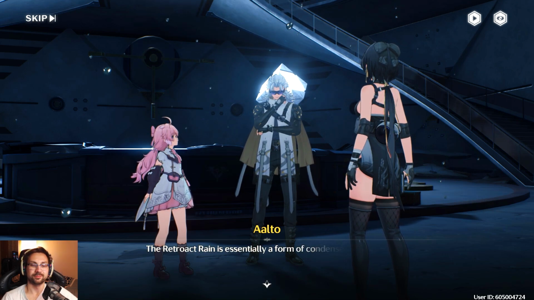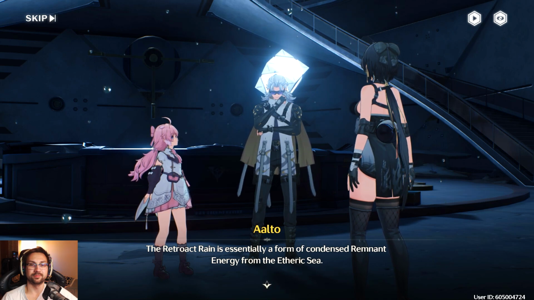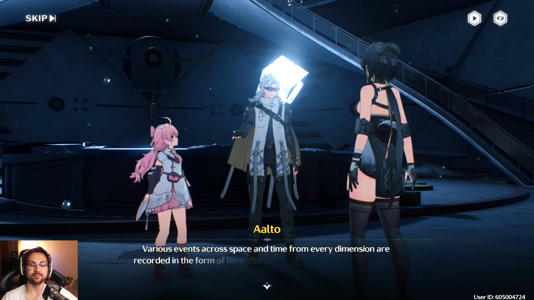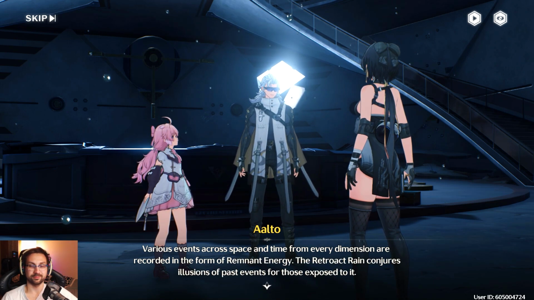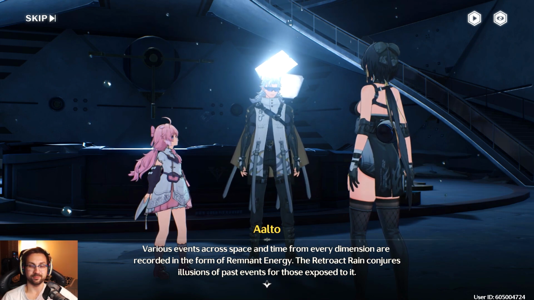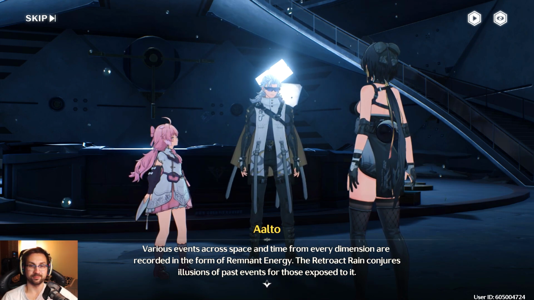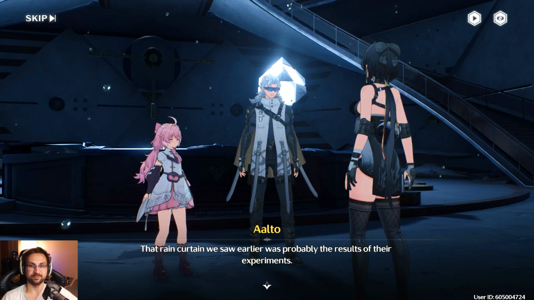The retroact rain is essentially a form of condensed remnant energy from the etheric sea. Various events across space and time from every dimension are recorded in the form of remnant energy. The retroact rain conjures illusions of past events for those exposed to it. That rain curtain we saw earlier was probably the result of their experiments.